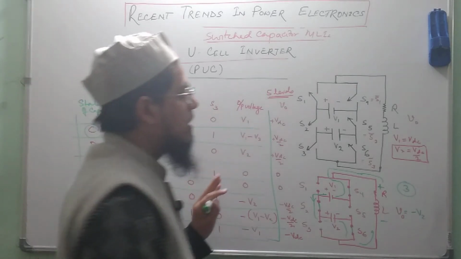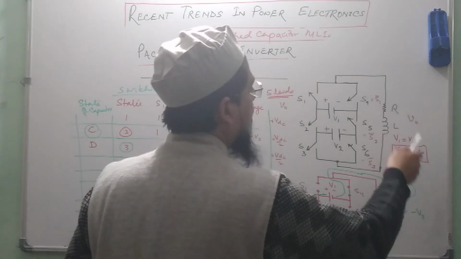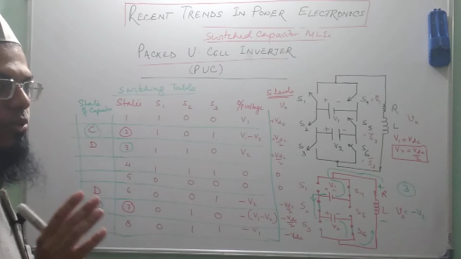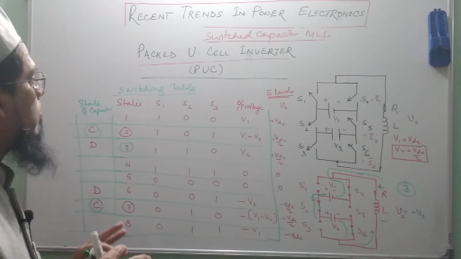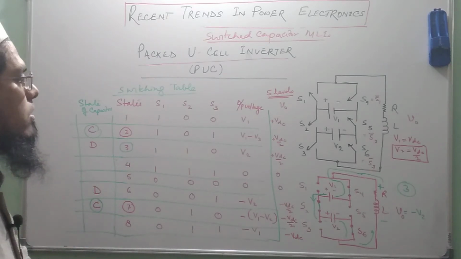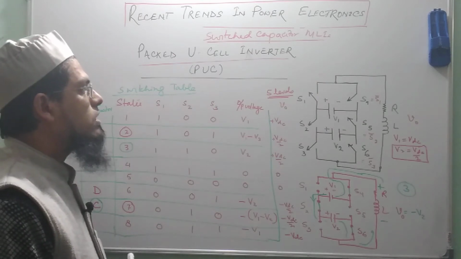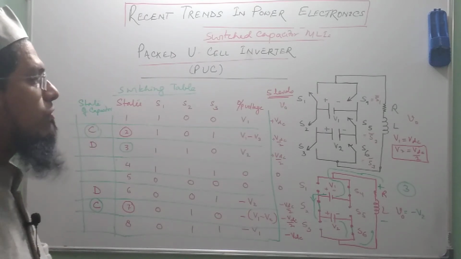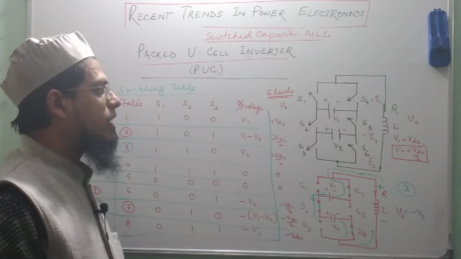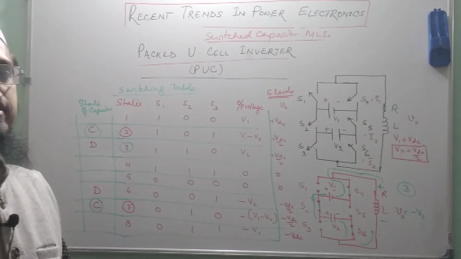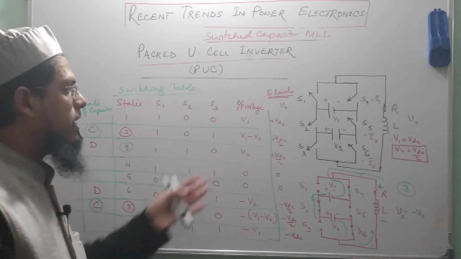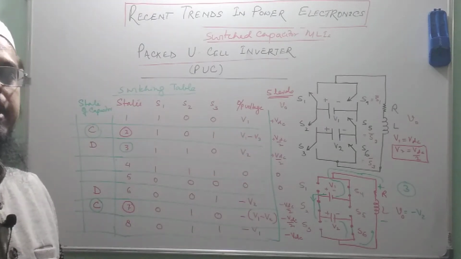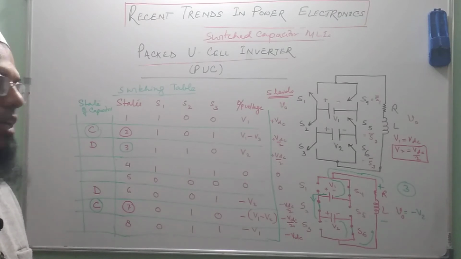That means the voltage of the capacitor will remain fixed at VDC by 2. Okay. So that is the special property of this packed U cell inverter, in which for 5 level PUC, the capacitor voltage is inherently balanced just by judicious utilization of the redundant states. Fine.